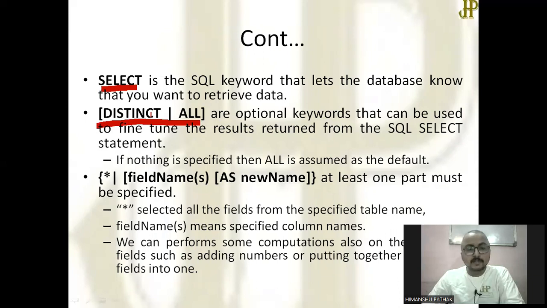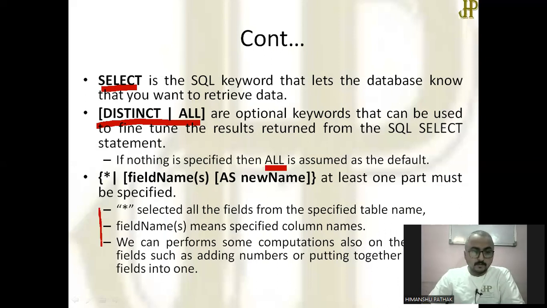For example, there are 10 students in the class, 5 students are from one city, 2 from another city, and 3 students are from a third city. And you want to fetch the city from where your students belong. So only 3 cities will appear. For this, you have to apply distinct. Okay. If nothing is specified, then all is assumed by default.